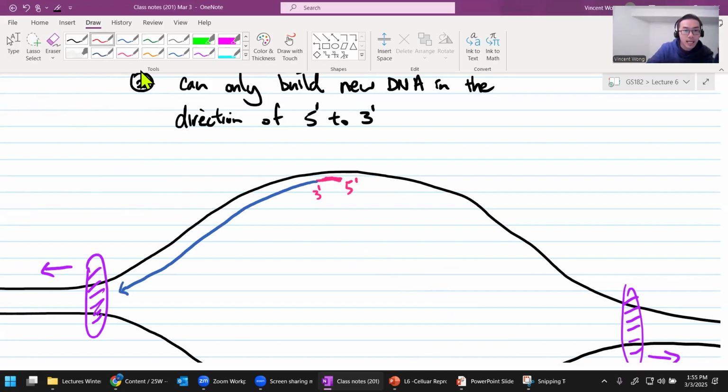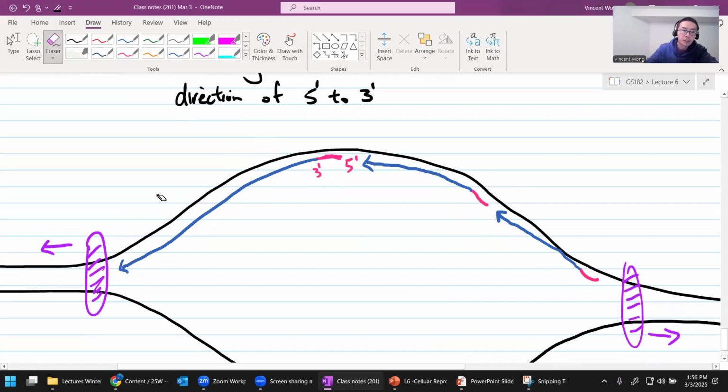But I want you to understand on the other side of the bubble, which we didn't draw, you would have to put another primer here and another primer. And the polymerase 3 will continue to build in this direction like so.